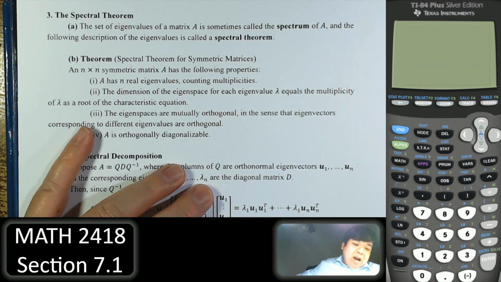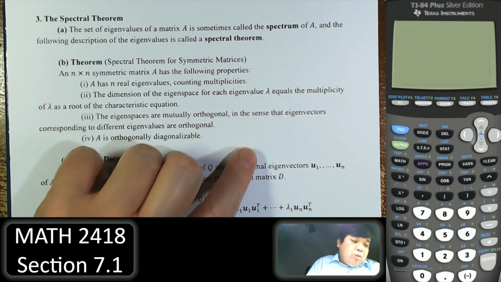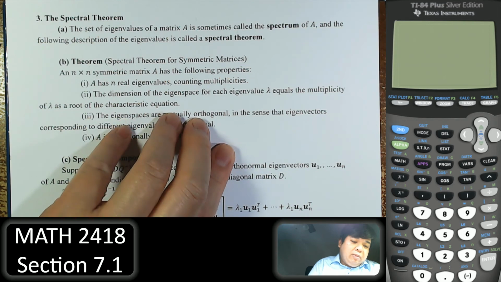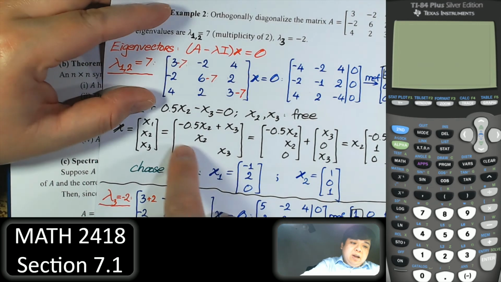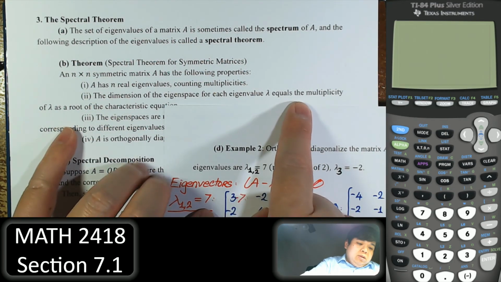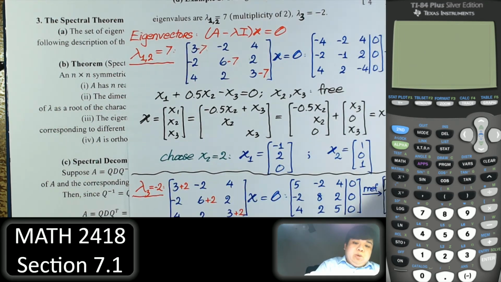Right. The dimension of the eigenspace for each lambda equals the multiplicity of lambda as a root of the characteristic equation. So in that case, this one, multiplicity of 2, we do have two vectors.